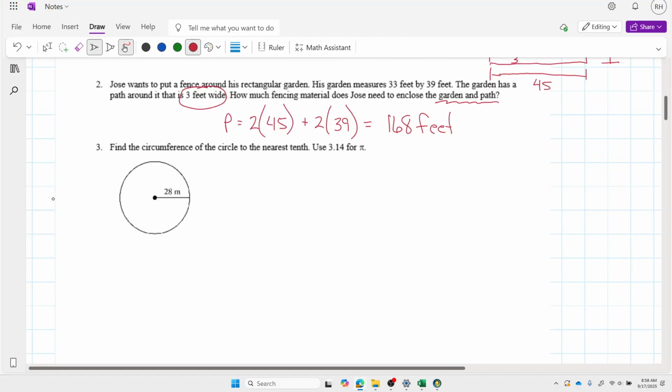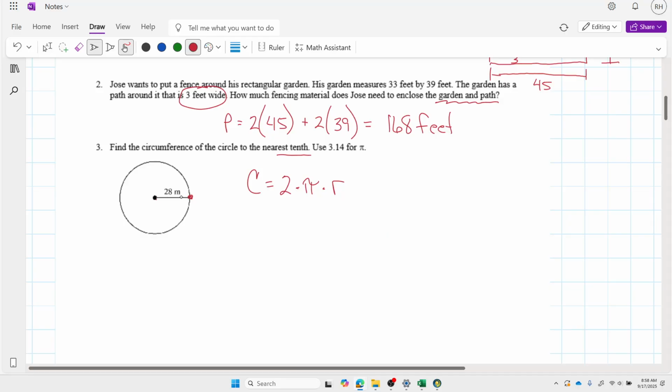Problem number 3, find the circumference of the circle to the nearest tenth. Use 3.14 for pi. So circumference of a circle is equal to 2 times pi times radius. So this is just substitution because you're given this dimension from the center to the edge of the circle.